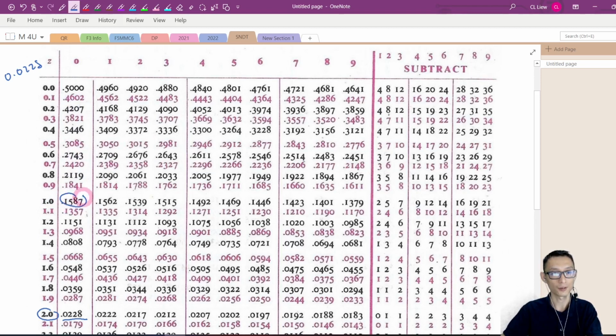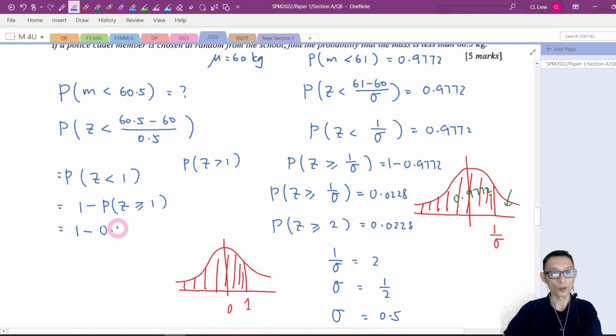Okay, look for this one. 0.1587. Okay, you can just press your calculator. This is 0.8413. Okay, let me double check. 1 minus 0.1587. Okay, this is the answer.